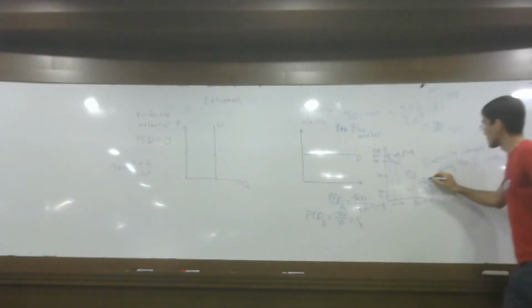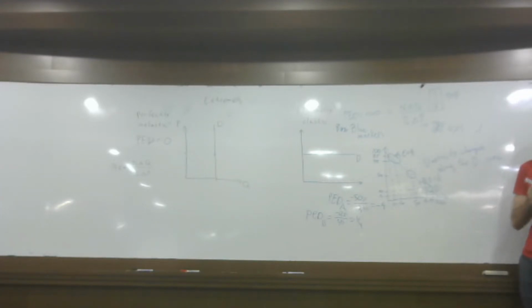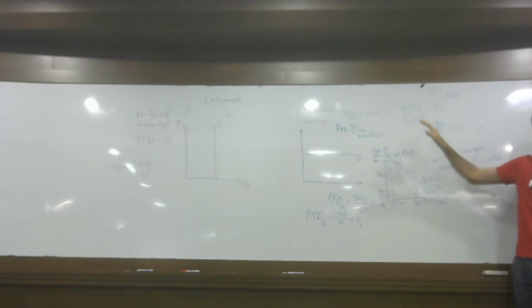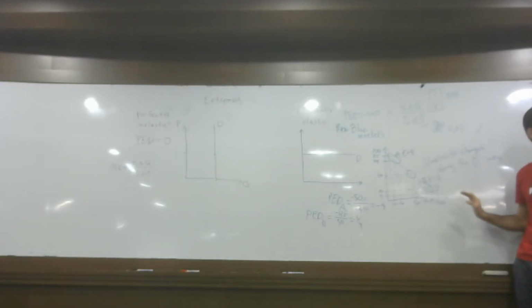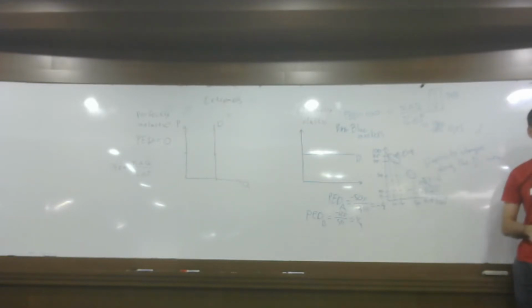So over here, elasticity is equal to 1/4, ignoring the negative sign. So what we'll learn here is that, strangely enough, along the same straight line demand curve, at the bottom part of the demand curve, demand is actually inelastic. And at the upper part of the demand curve, demand is elastic, yes.